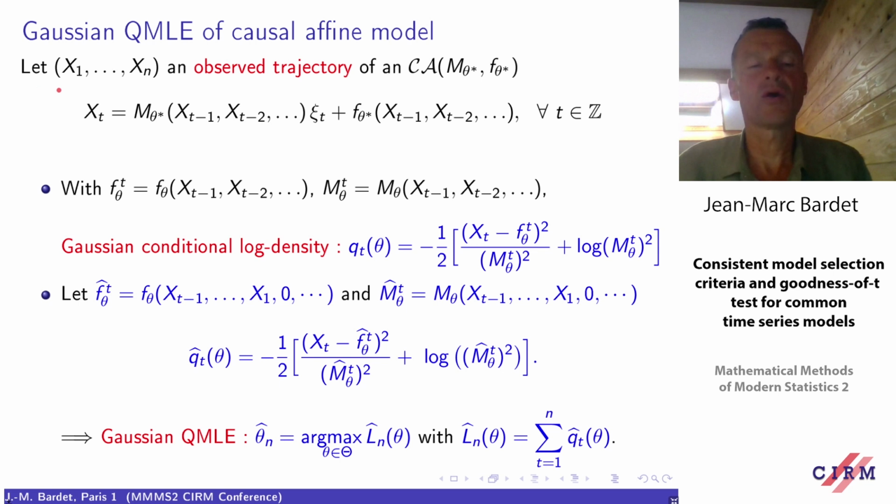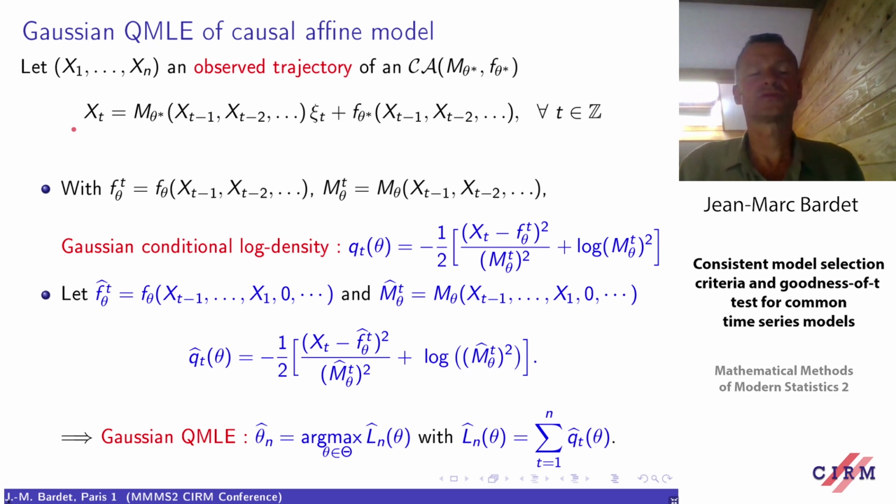So we assume now that we have an observed trajectory of a causal affine process, but here we specify that the function m is depending on a parameter theta star, and the function f is also depending on theta star. Theta star is supposed to be in R^d, so here we will consider parametric, or more precisely semi-parametric estimation of theta, because we will assume that m is known, but theta star is unknown.